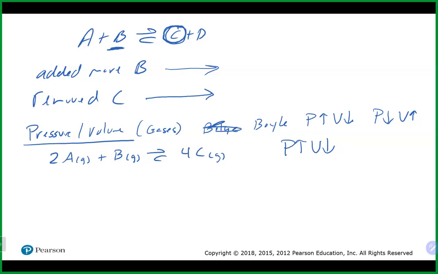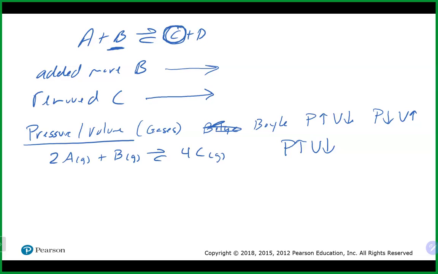We want to bring the pressure back down, but the volume now is really, really small. To bring the pressure back down, do I need more gas molecules in a small area or fewer gas molecules? What would happen if I put more gas molecules in a small area? The pressure would continue to go up, right? Too many gas molecules in a really small place means more collisions. So if I put fewer gas molecules in a small volume, that should bring the pressure back down, right?